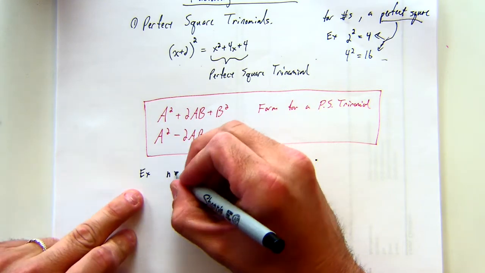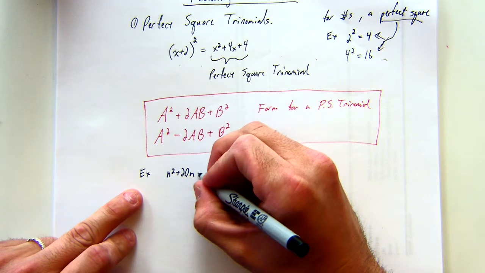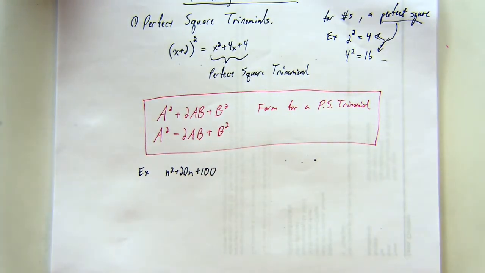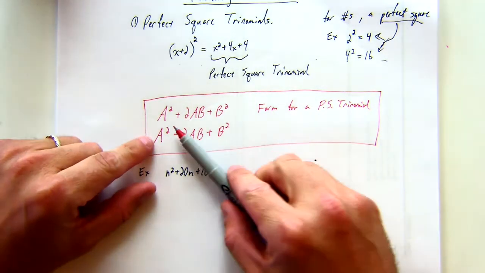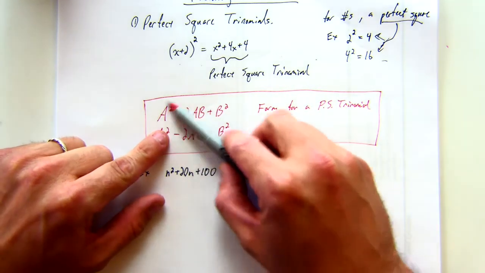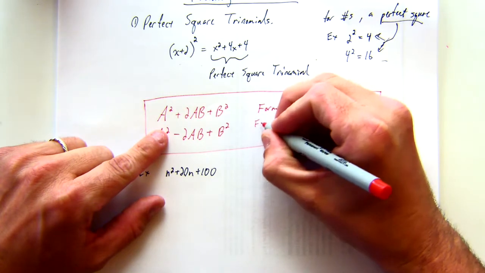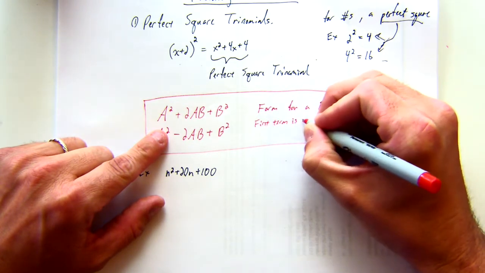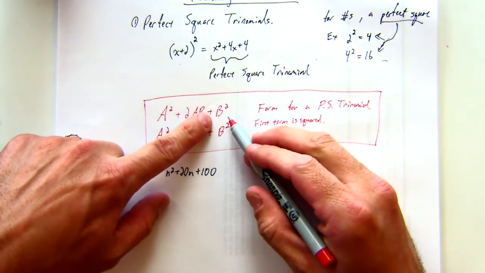Let's look at some examples. Suppose we have n squared plus 20n plus 100. Okay? And let's observe our form. In both of these forms, what's the first thing that we notice? What do we know about this first term? First term is squared. What about the second term?